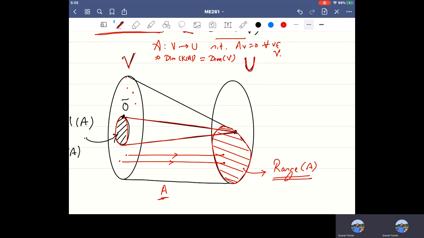In a bit we'll show that this set of vectors also forms a subspace, a subspace of the vector space U, clearly, as you can see from the Venn diagram.